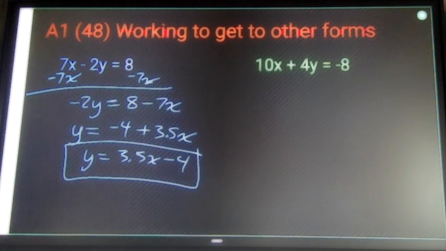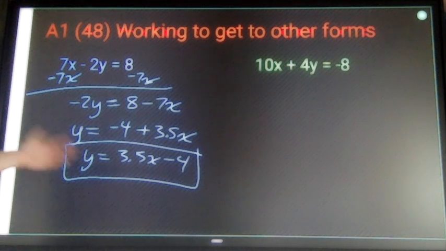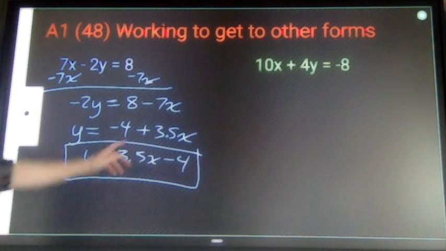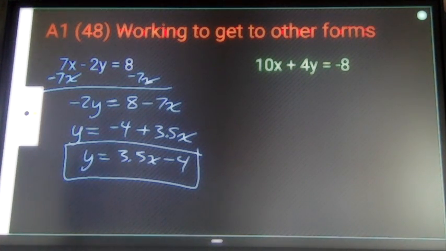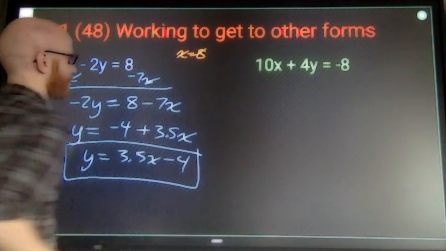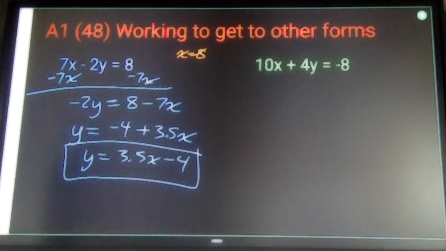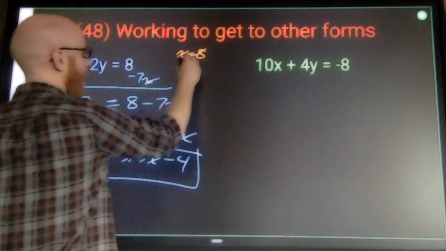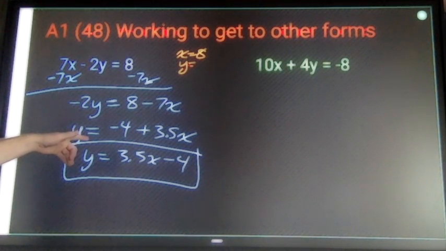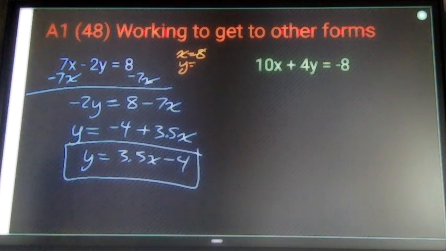From there, it's very simple to turn this into point-slope form. Just pick a number to be x. So let's say we pick x is 8. All right, 3.5 times 8 minus 4 will give me y. When x is 8, y is 24 plus 4 is 28 minus 4 is 24.